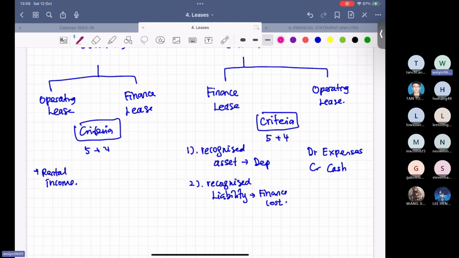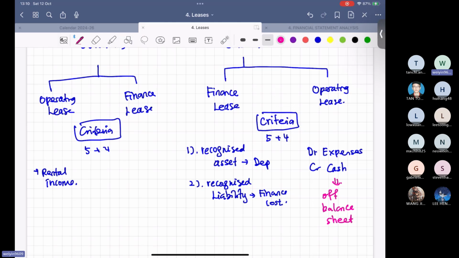So troublesome. So the accountant will try not to meet the criteria of this 5 plus 4, because if I classify it as an operating lease, it's very easy. I just need to recognize my expenses. Compared to the finance lease, we will call this one off balance sheet.